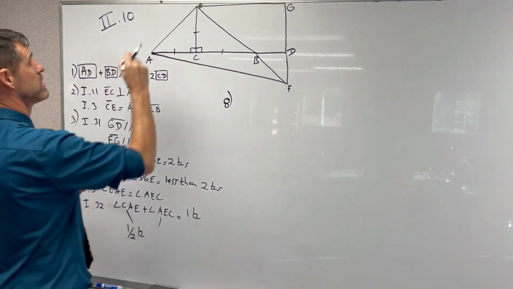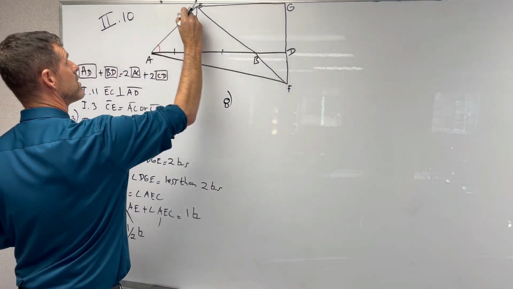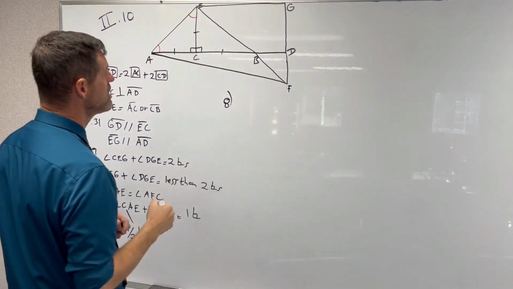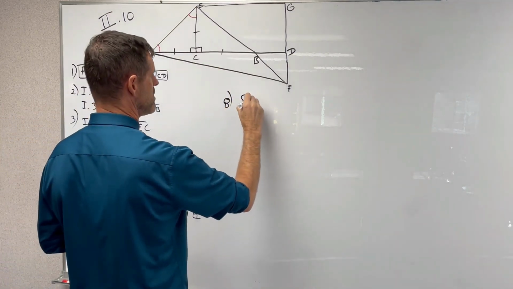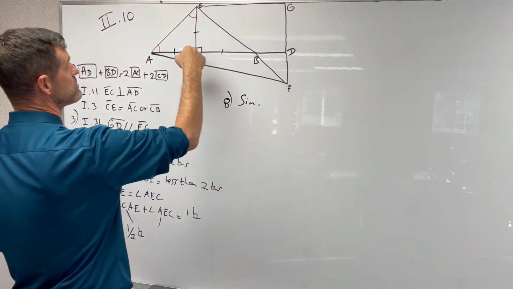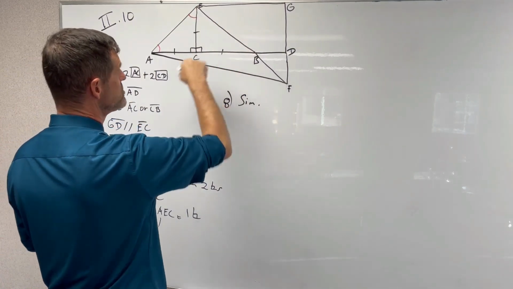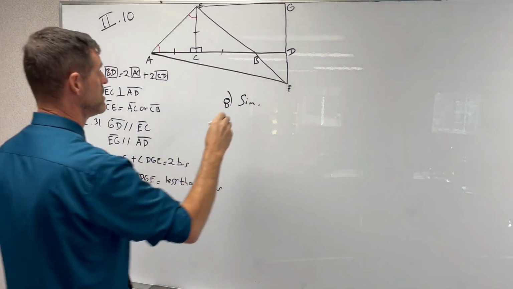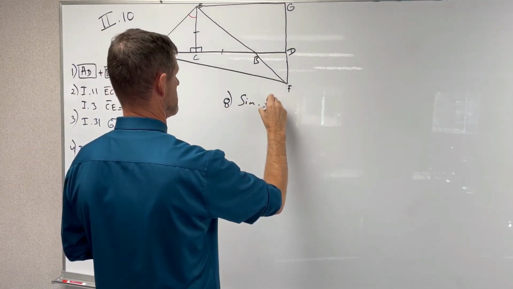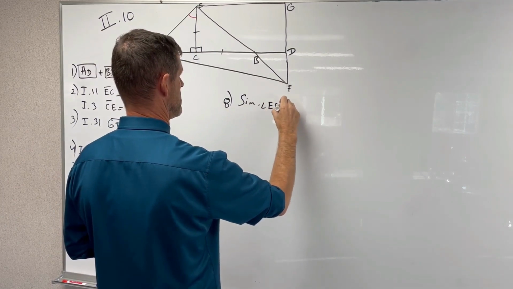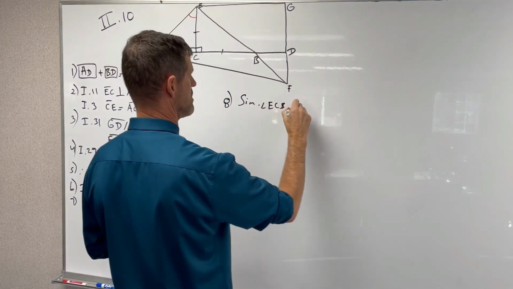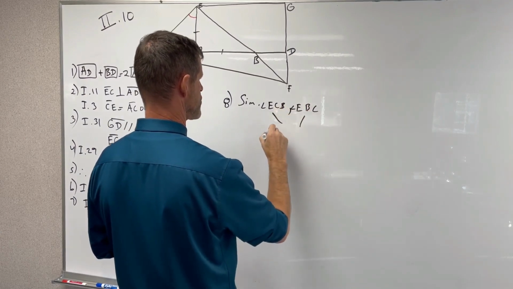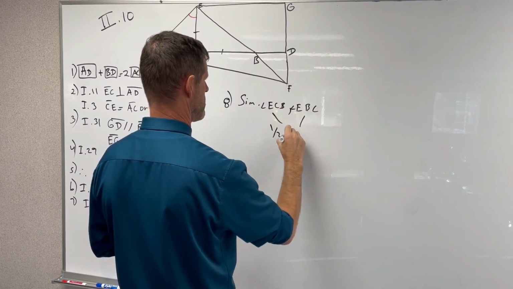I'll draw that in right here. Similarly, with triangle ECB, we can prove that the angles CEB and EBC are both equal to 1/2 of a right angle. They're each 1/2 of a right angle.